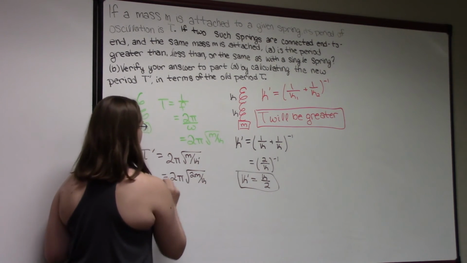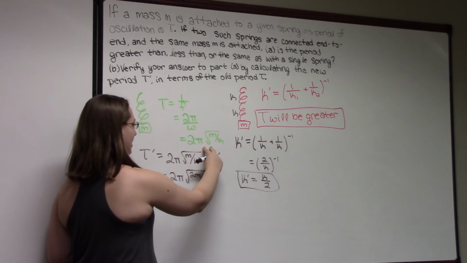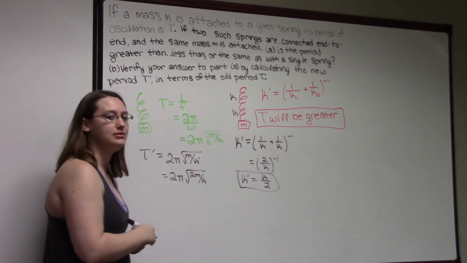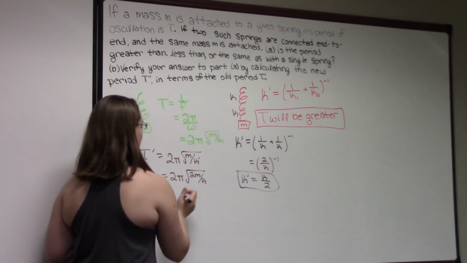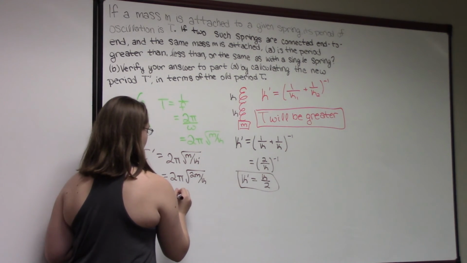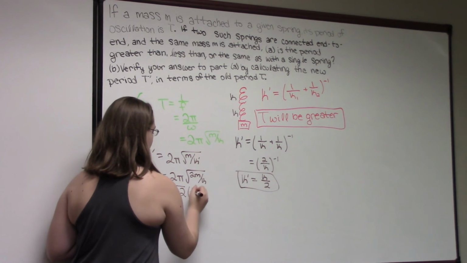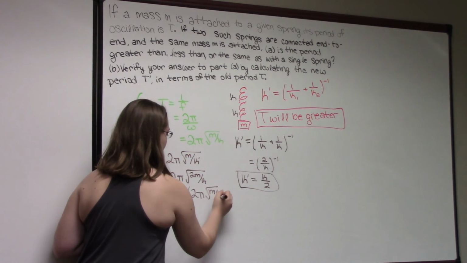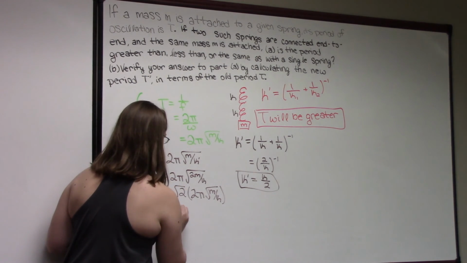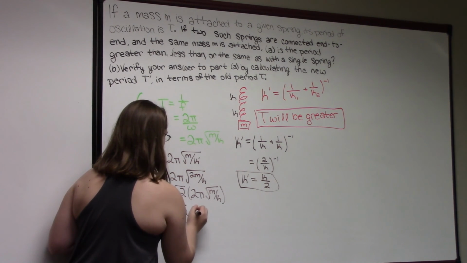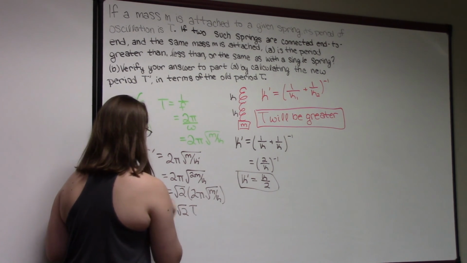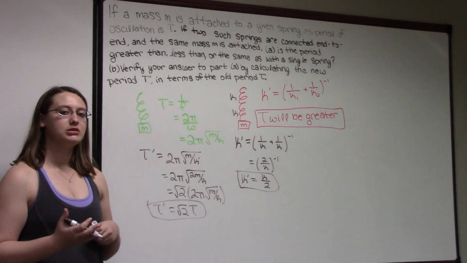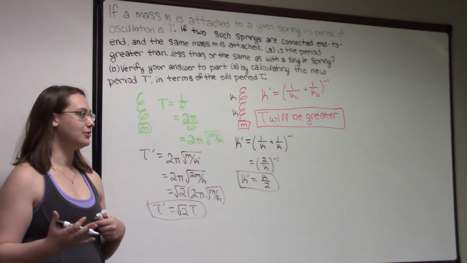But we know that 2 pi square root of m over k is our T. We want this in terms of T. So by pulling out this square root of 2, we can say we have the square root of 2 times 2 pi square root m over k, or the square root of 2 times T equals our T prime. The square root of 2 is greater than 1, so our new period is greater than our old period.